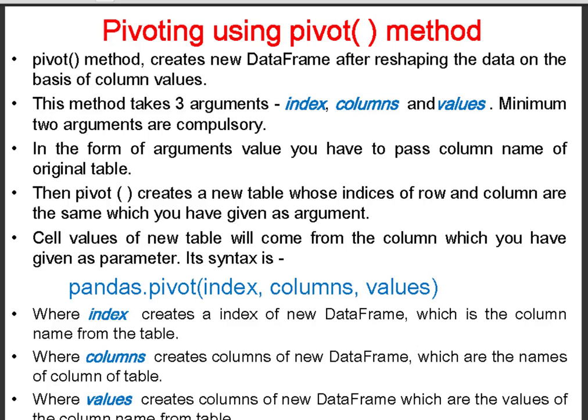Then the pivot method creates a new table whose row and column indices are the same as what you have given as arguments. The cell values of the new table will come from the column which you have given as a parameter.